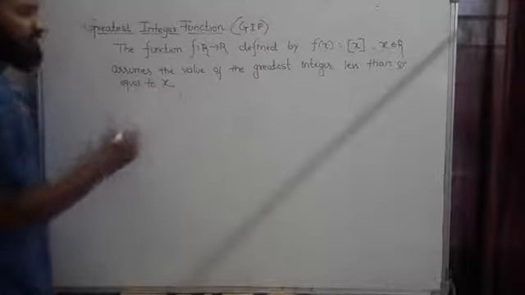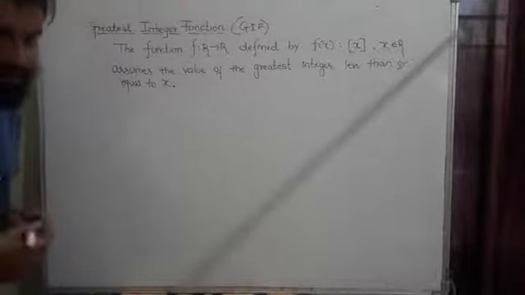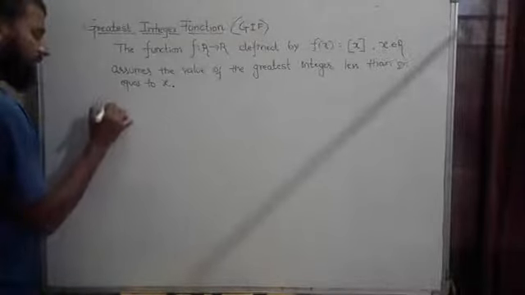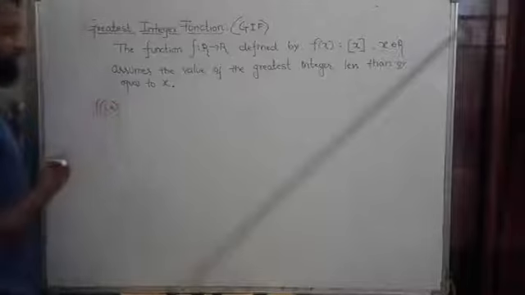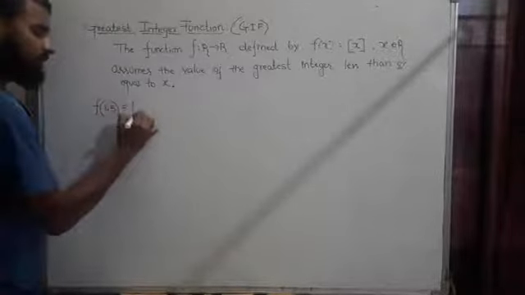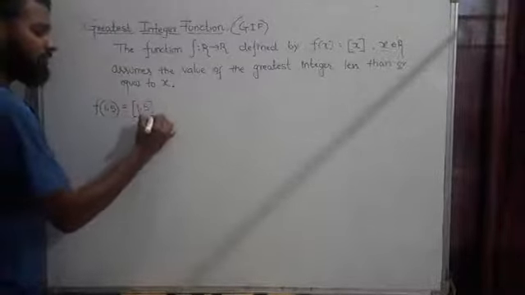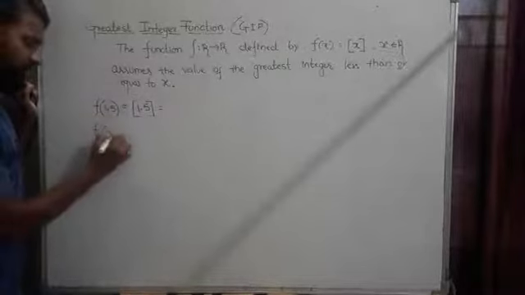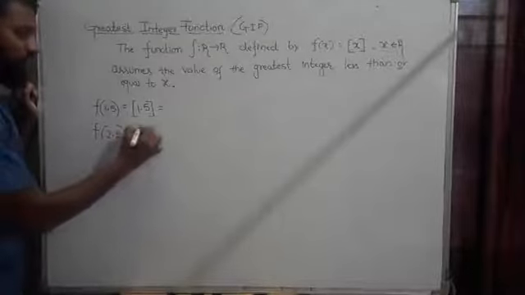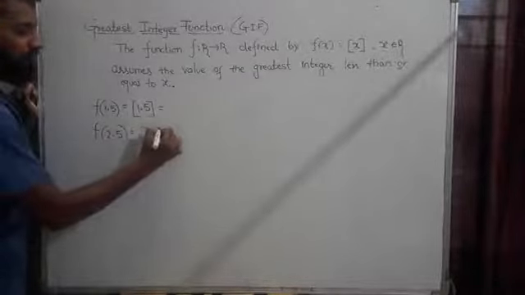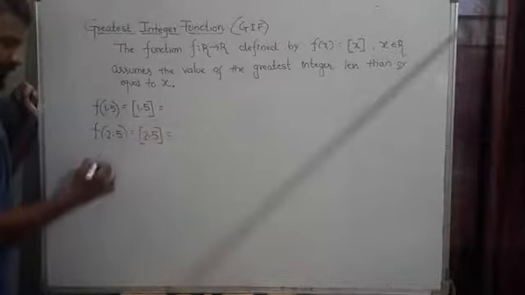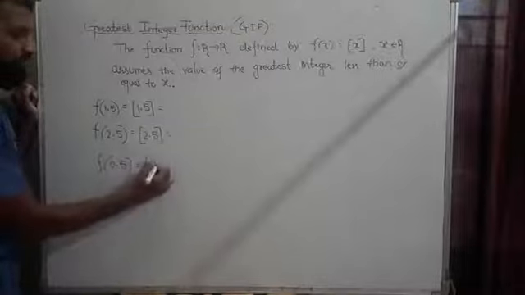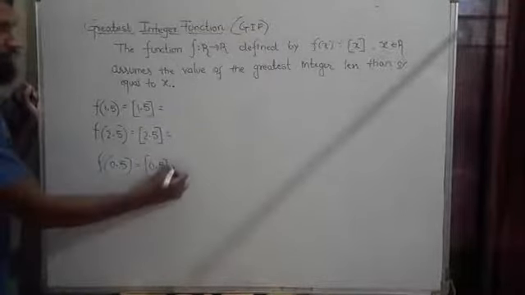So let's understand this definition easily by taking some examples. If I take x as, let's say, 1.5, then f of x will be the box with 1.5 as our input. Suppose I take x as 2.5, so 2.5 in the box. If I take 0.5, then 0.5 in the box.